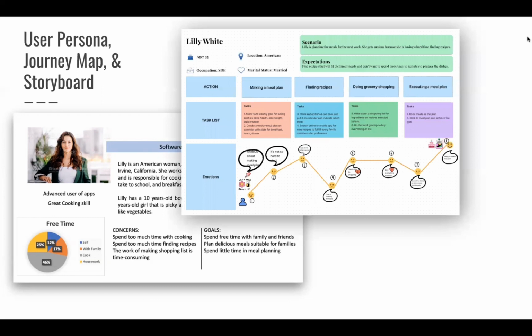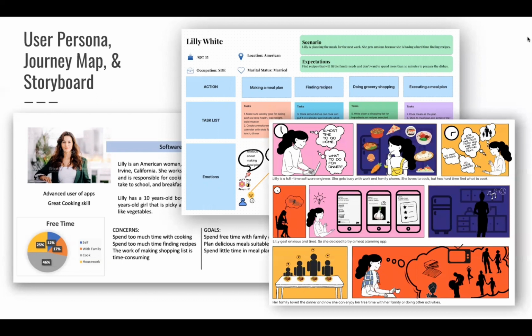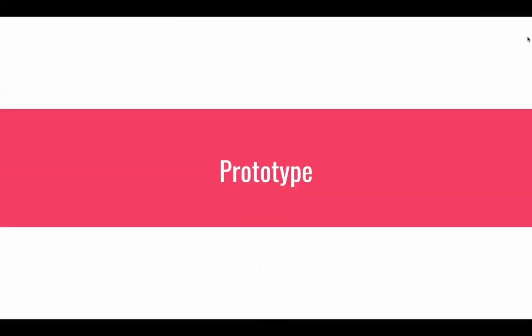This is Lily's journey map and represents how she feels when she is planning the meals and cooking. The storyboard tells Lily's story when she is planning the meals for her family and ends showing her happy after using our app. Those are very important when we were designing our prototype.